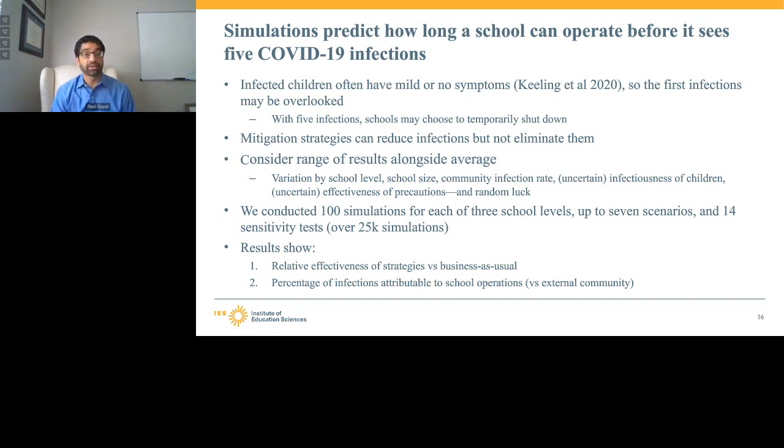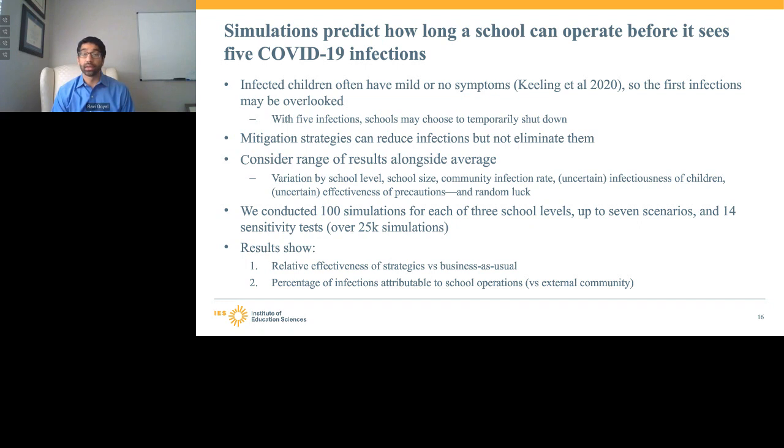The 5 infections represent 5 individuals, students, teachers, or administrators, that acquire COVID, regardless of whether they acquired it at school, on school buses, or outside of the school in the general community. Therefore, school mitigation strategies can reduce infections, but not eliminate them if the disease is in the community.